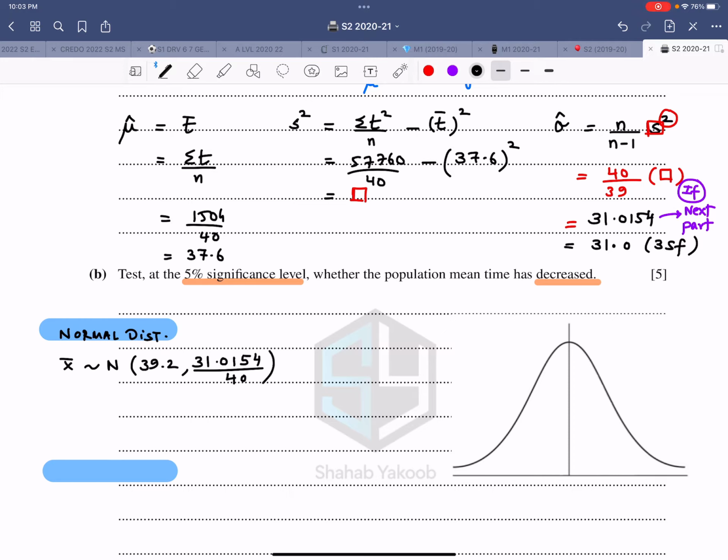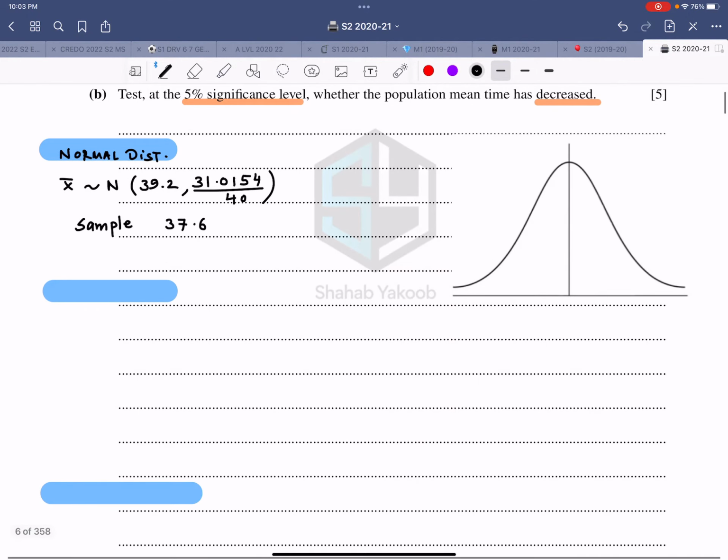That goes over here. And then was there any sample value? Of course there was. We would use the unbiased estimate of sample mean, which is the same thing as x bar, that is 37.6.